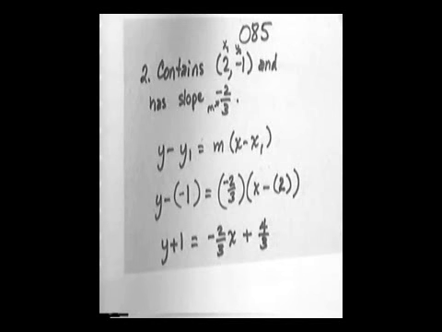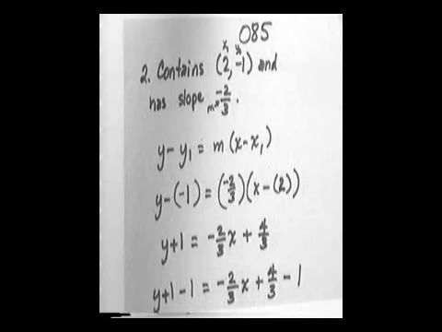Then to get y by itself, we must subtract 1 from both sides. And so we write y plus 1 subtract 1 equals negative 2/3 x plus 4/3 subtract 1.